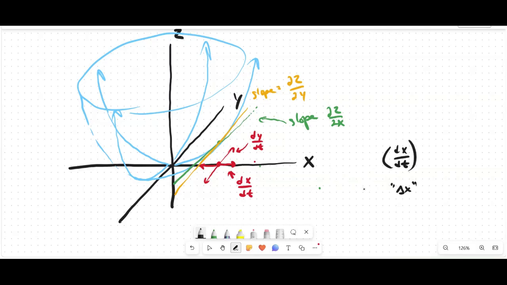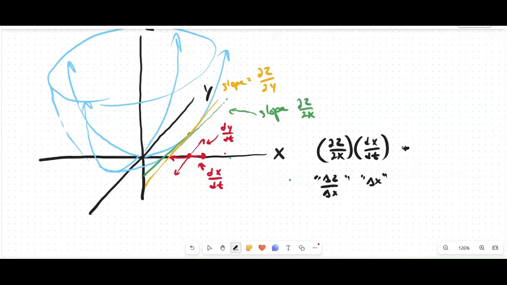Then whether you go to the right or not, the function value won't change up to first order. But in general, that slope is not 0. And so whatever it is, it's going to tell you how much you go up or down. You can think about that as how much z changes when you change in the x direction.